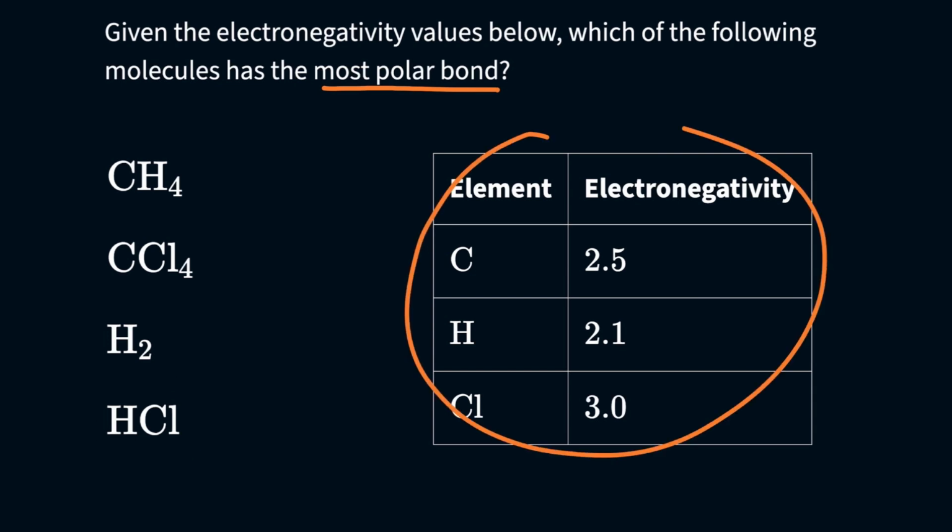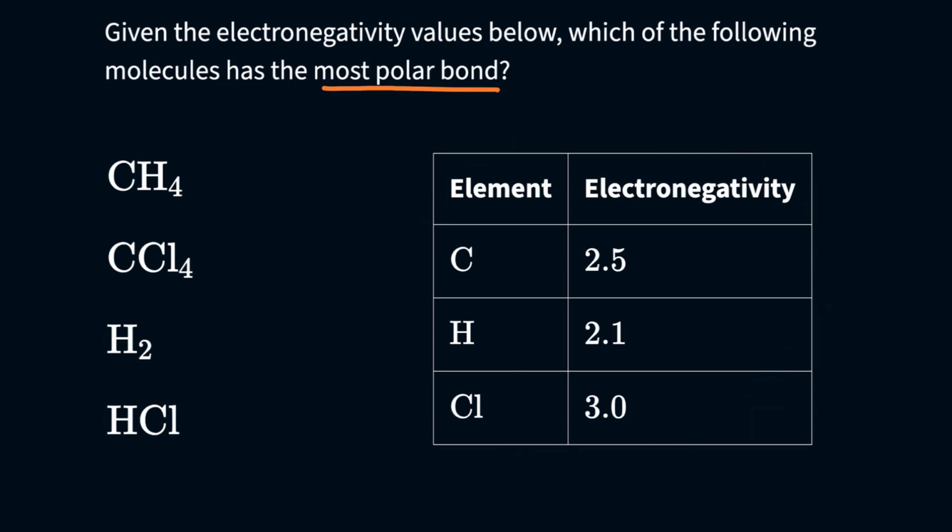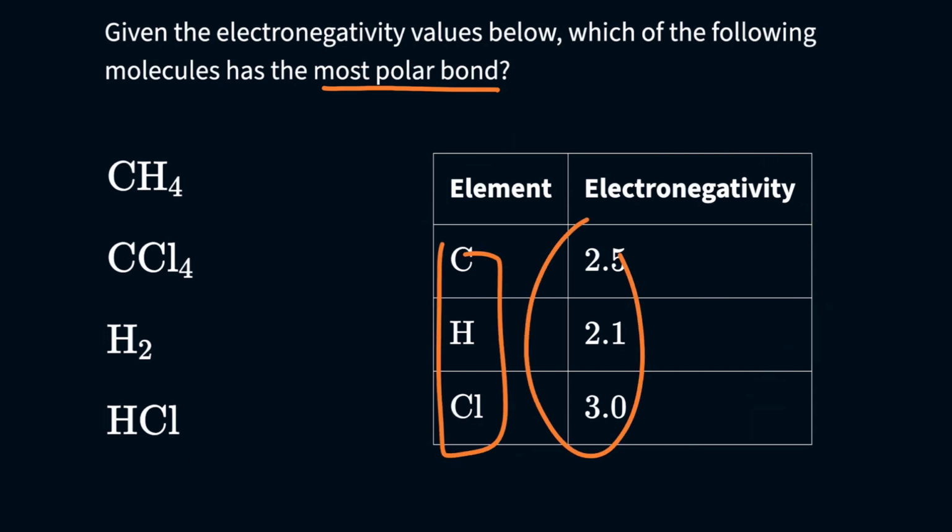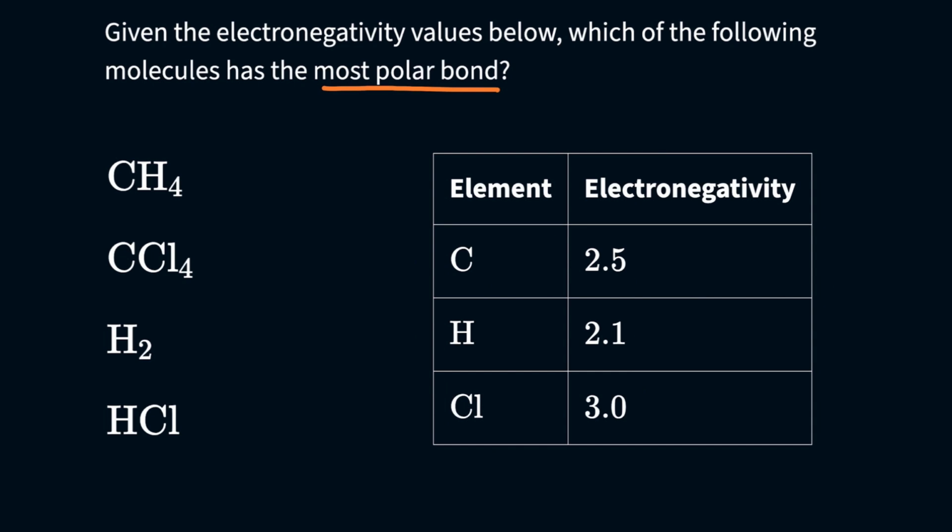Well, they do give us a lovely chart here of each individual element and its respective electronegativity values. So let's find out which is the most polar bond. Anytime you're talking about polarity, whether it's polar, nonpolar, something about electrons, about pulling, or dipole moment, this all comes from electronegativity values.